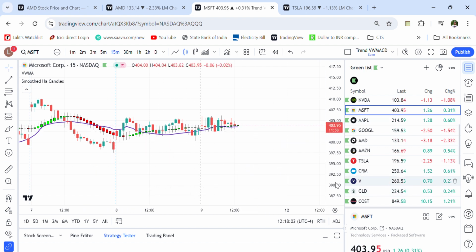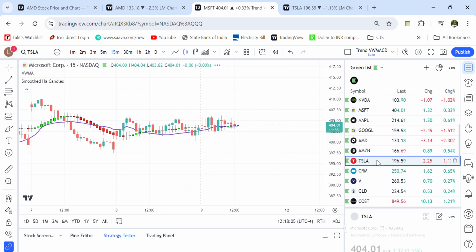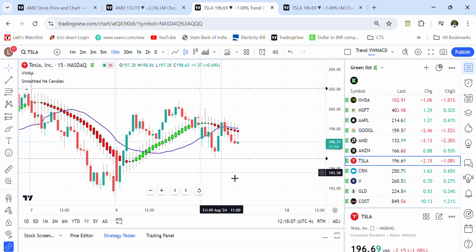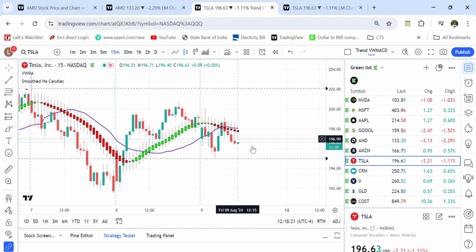You can check this strategy on multiple stocks. For example, let's see Tesla. This is the last one I'm going to talk about today. Just now, if I had this alert for Tesla, I would have got an alert that Tesla has crossed VWMA. It closed in a red candle and it's below that.